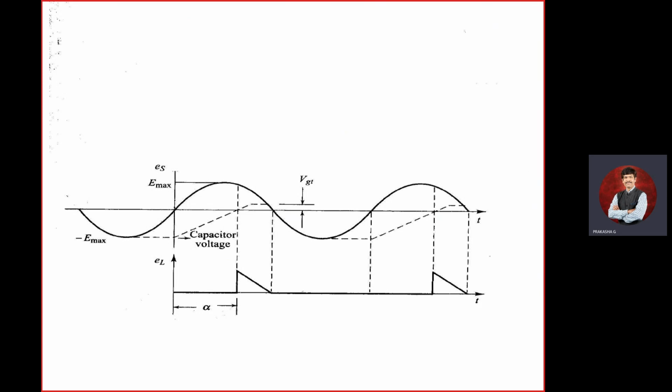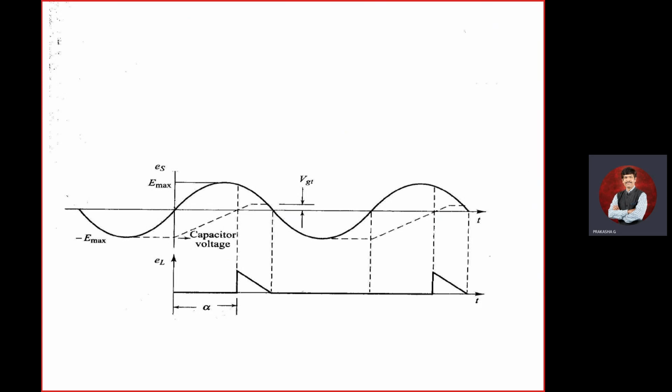As we all know, in the R circuit it was working before 90 degrees. Here it is going to work from 0 to 180 degrees. From 180 to 360 it is 0. That is the entire waveform, 0 to 360. In the previous circuit, R triggering, the triggering happened before 90 degrees only, 0 to 90 degrees.